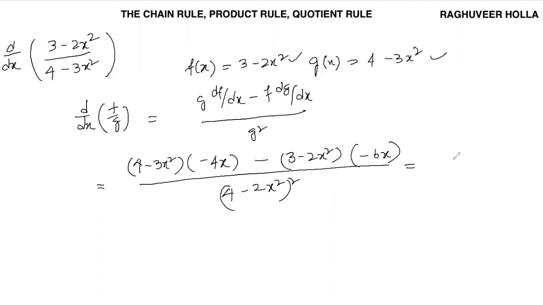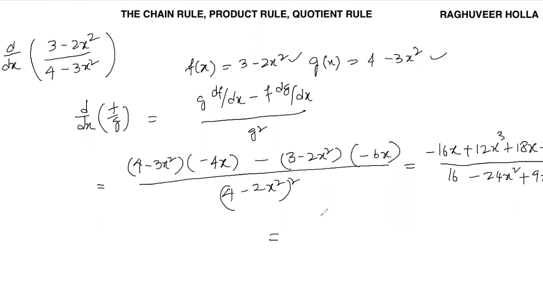When you simplify this, the numerator becomes minus 16x plus 12x cubed plus 18x minus 12x cubed, divided by 16 minus 24x squared plus 9x to the power of 4.